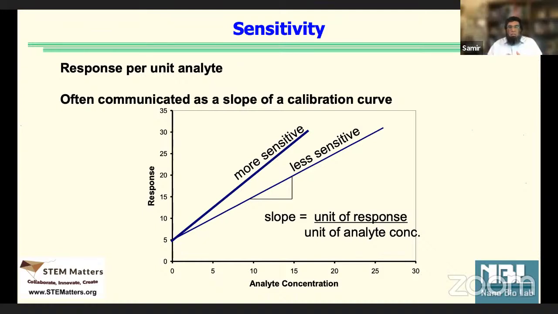Now, many biosensors have a linear transfer function, which means that the sensitivity is defined as a ratio, right? A slope. Now, the output signal or the response has to directly match with the property that's being measured, right? Analyte concentration in there. The higher the slope, the more sensitive the sensor would be considered, right?